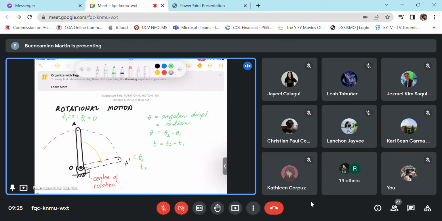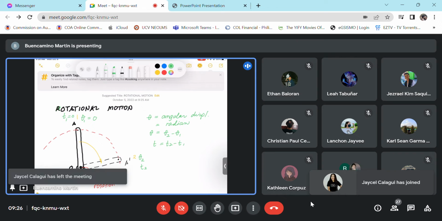So, notice class that it is convenient to use smaller units, like radian, and for time, we also use a smaller unit, which is second. Since if we are dealing with smaller units, there's more accuracy in our computation.